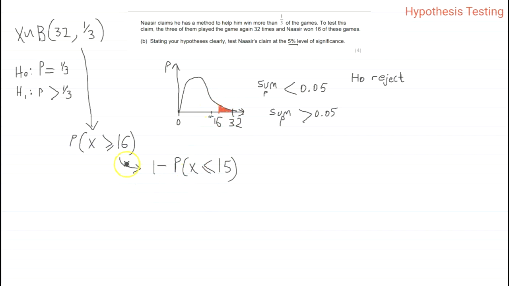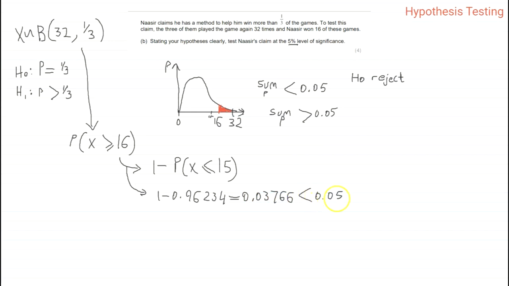In my calculator, what I got was, when I did this, 1 minus 0.96234, and that would equal 0.03766 approximately.